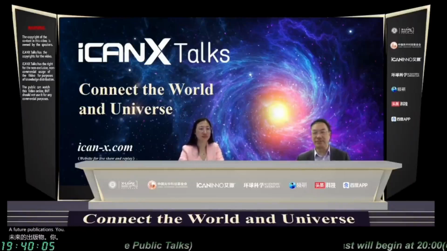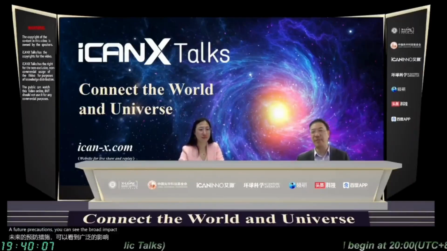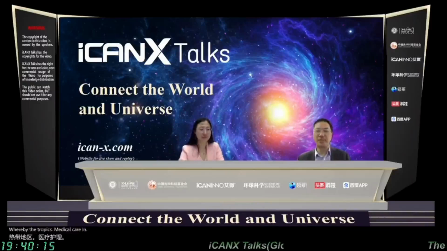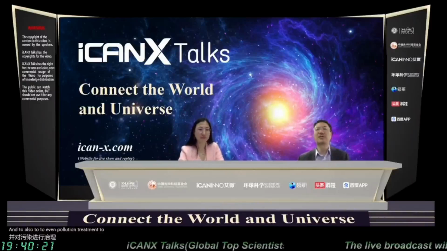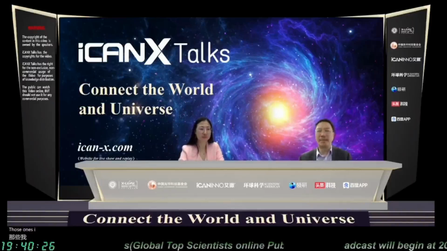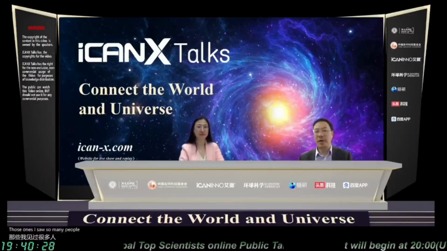You can see the broad impact from Internet of Things, sensor networks, to wearable electronics, medical care, environmental monitoring, and even pollution treatment, to large-scale blue energy harvest from ocean waves. So many people are interested.